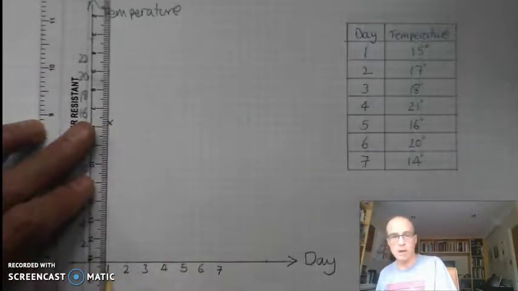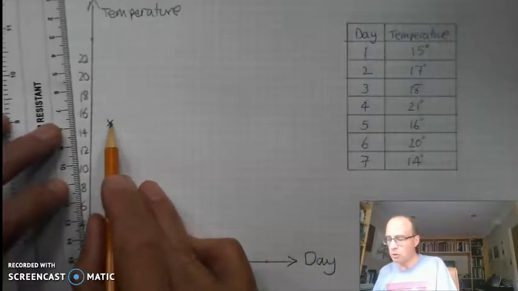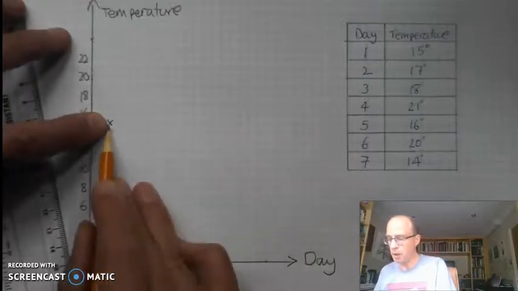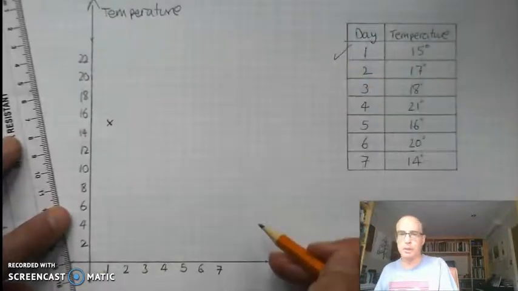Where those two meet, so I'm coming across from 15 and up from 1, I'm putting a cross. So I've done that first piece.